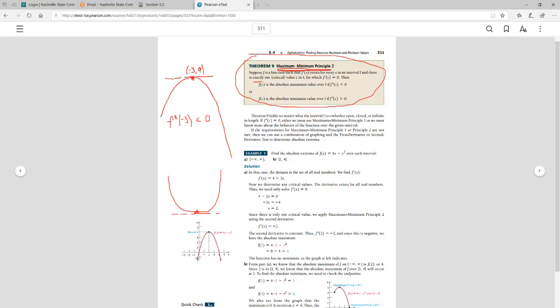So take the second derivative at that c value and in this case, it would be positive. So go back and look at theorem 9, and I apologize. I thought this was actually a different theorem before I got to reading it closer. So look at the second derivative at that one critical point, and that alone will tell you whether or not you have a maximum or a minimum, or actually an absolute maximum or an absolute minimum.